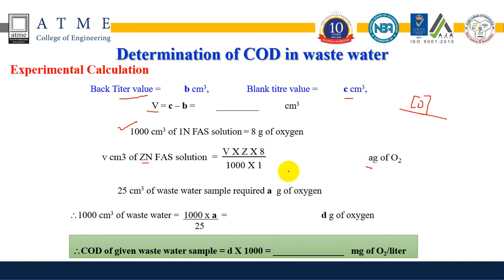That gives A gram of oxygen. 25 cm cube of wastewater sample required A gram of oxygen. So 1000 into A by 25 gives D. Now D into 1000 gives milligrams of oxygen per liter. That gives the COD. COD is D into 1000. This is your result.